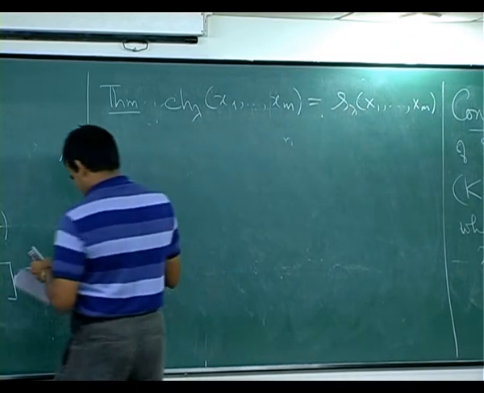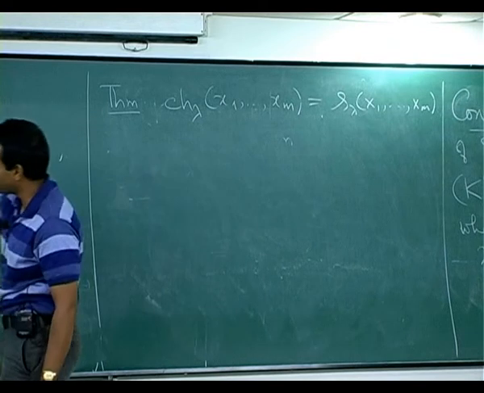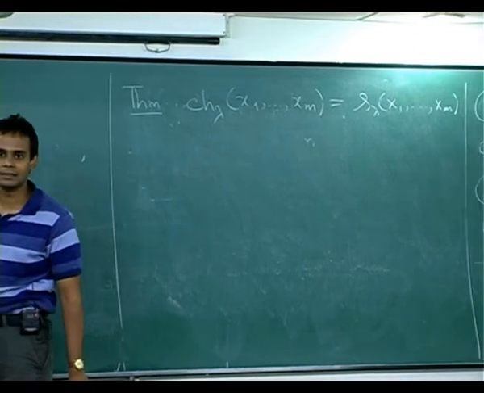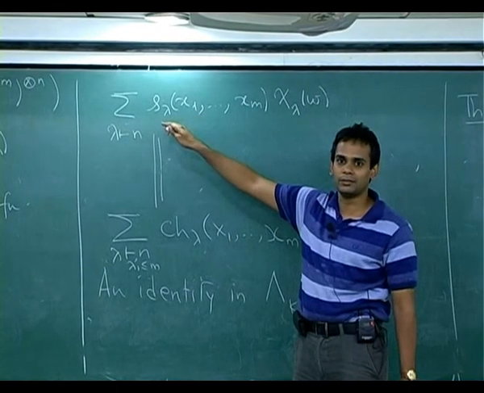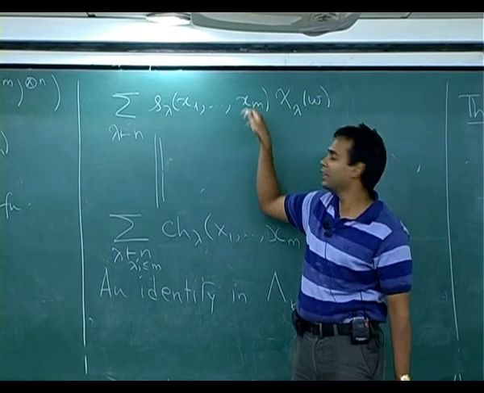It also gives us a somewhat innocuous fact that if lambda 1 prime is greater than m, that is, if lambda has more than m parts, then the corresponding Schur function must be 0 when specialized to m variables.